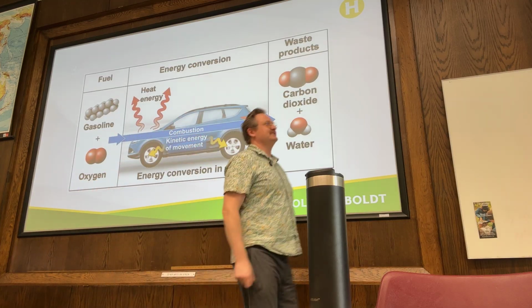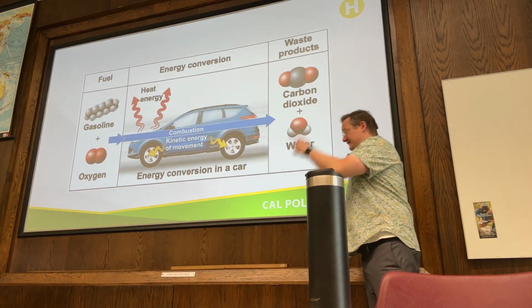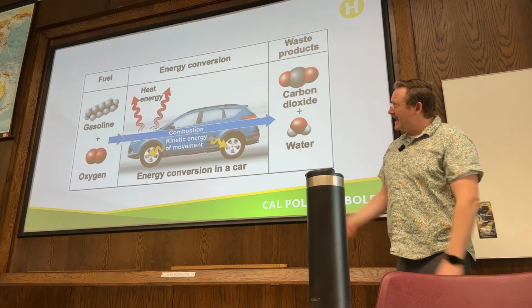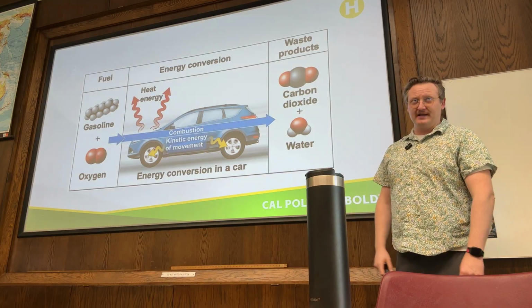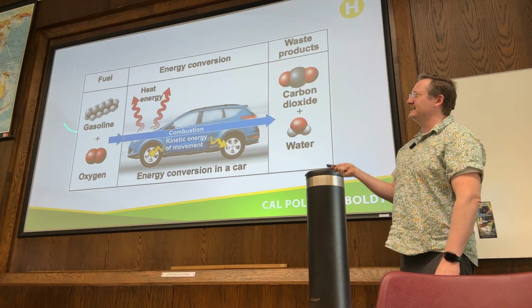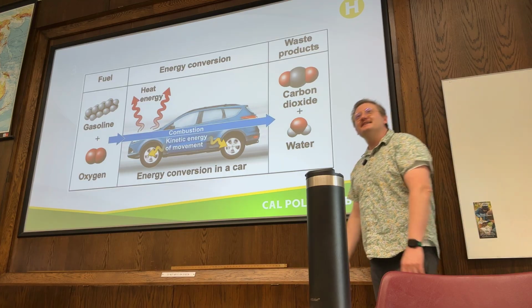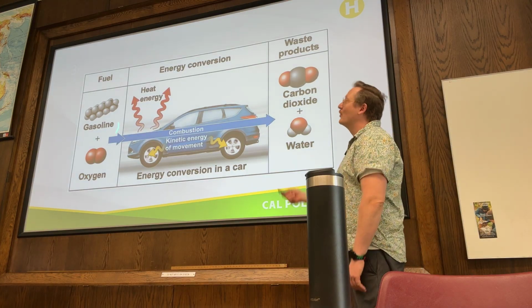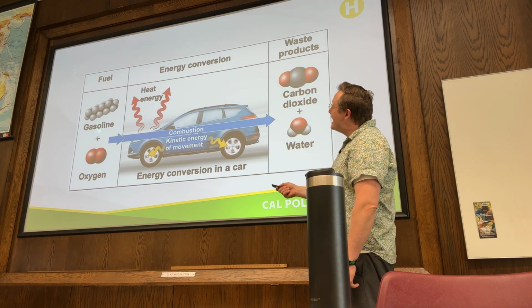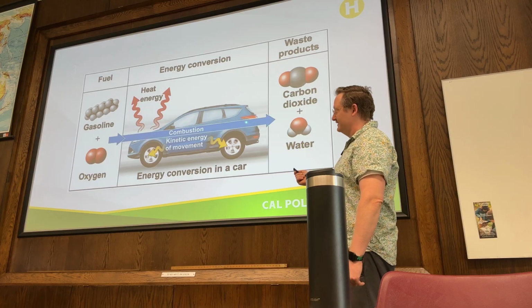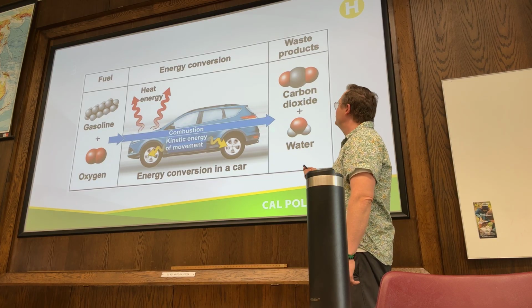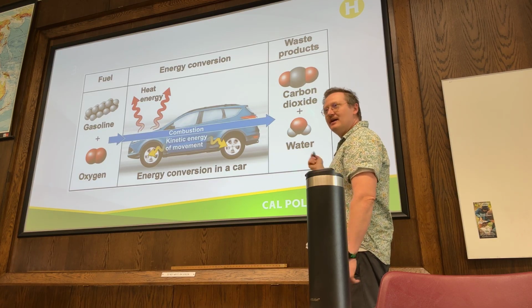Let's look at this classic example of a catabolic reaction. Okay? You got the gasoline molecule. It's got a lot of structure. It's got a lot of order to it. You break it down in a catabolic reaction, by burning it, letting it explode. You get these smaller molecules.